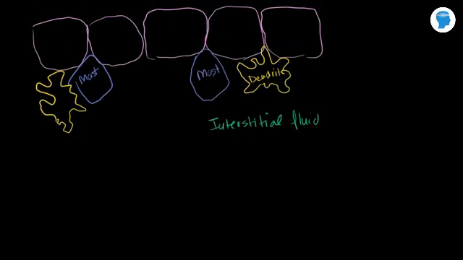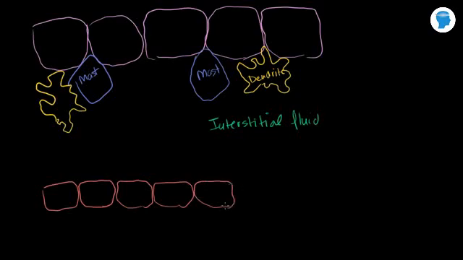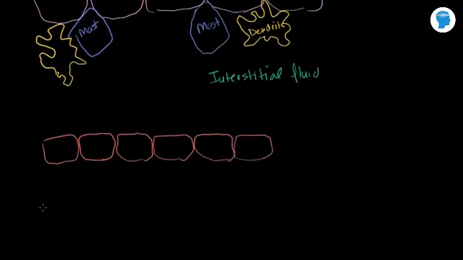So let me draw that. Instead of just drawing them as tubes, I'm actually going to draw the cells of our circulatory system. So let's say that down here, these are the endothelial cells of our capillaries. These are literally the cells that make up the walls of our capillaries. Right there. Let's say that's one side, and let me draw the bottom side right here.